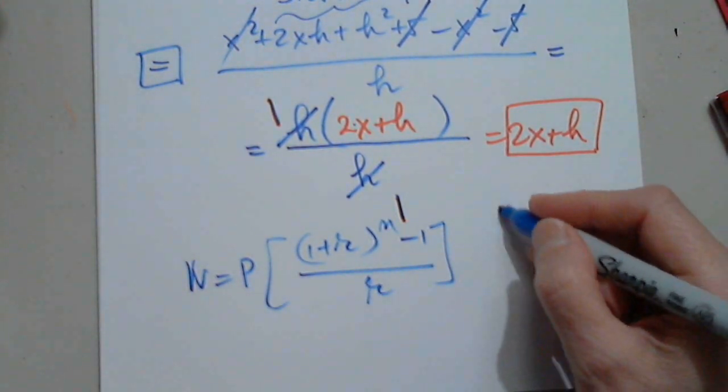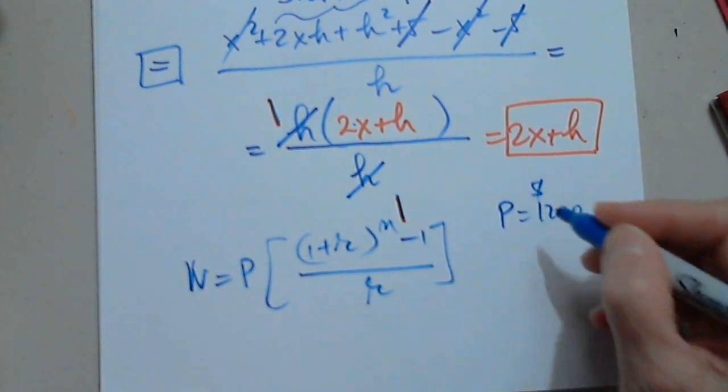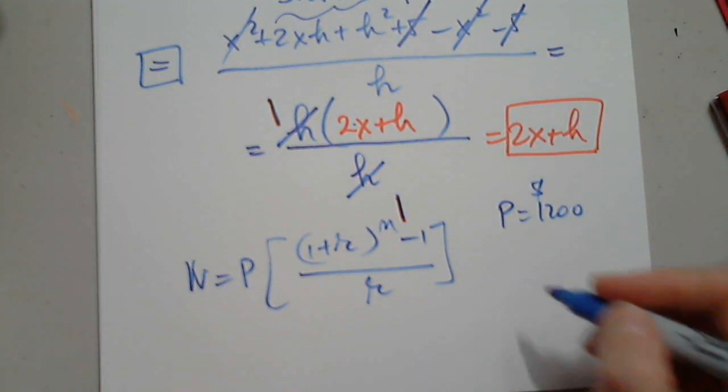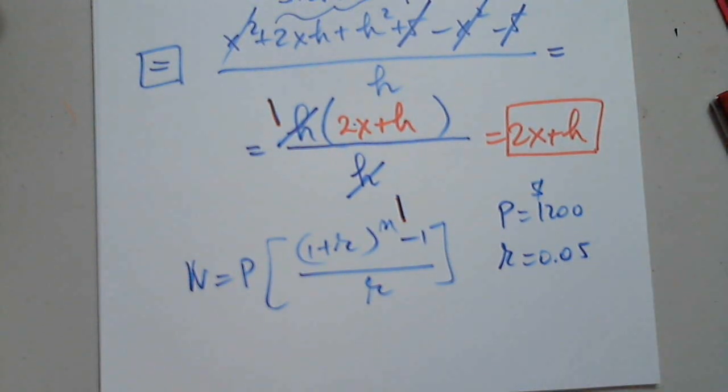And they're telling us that P equals 1,200, that R is 0.05, and the number of years is 13. So perfect. Okay, so we have 1,200 and we have parentheses.